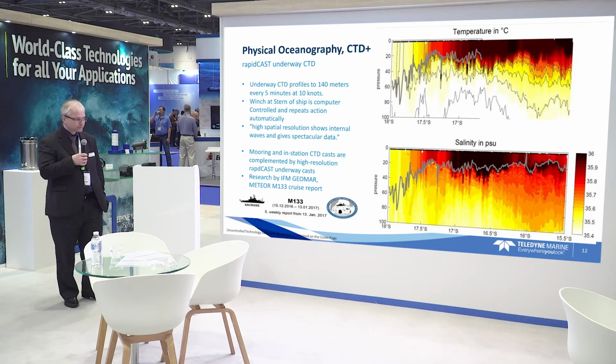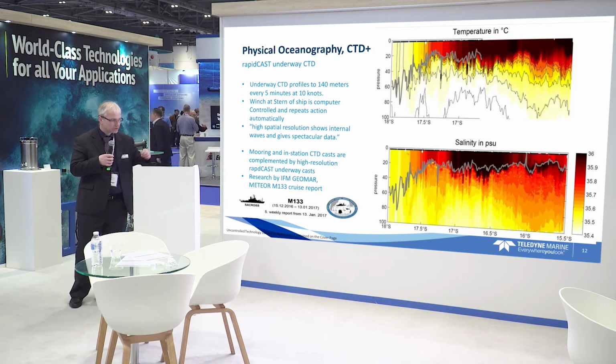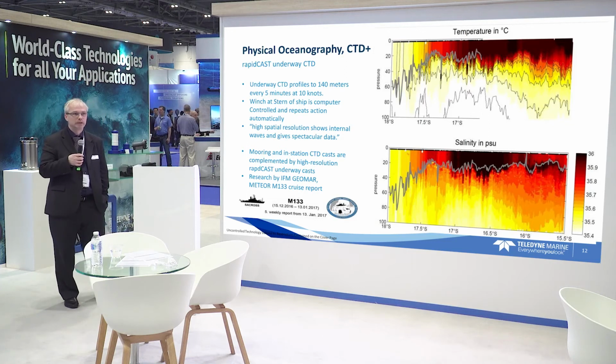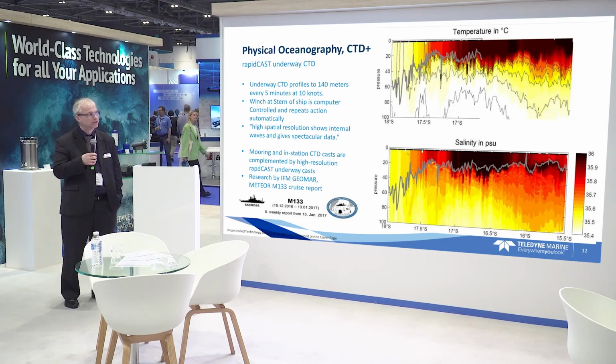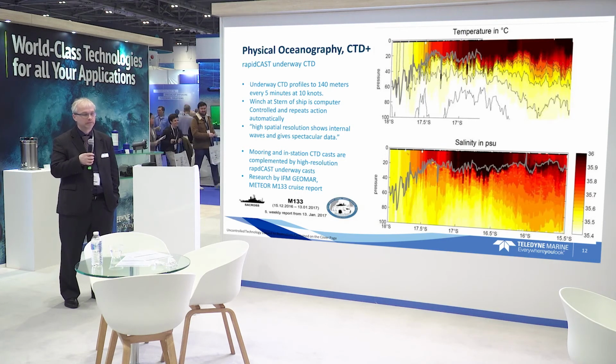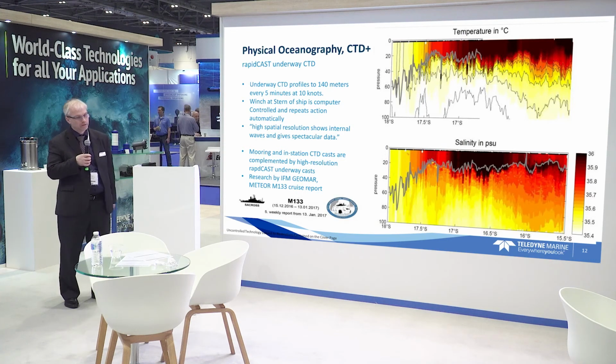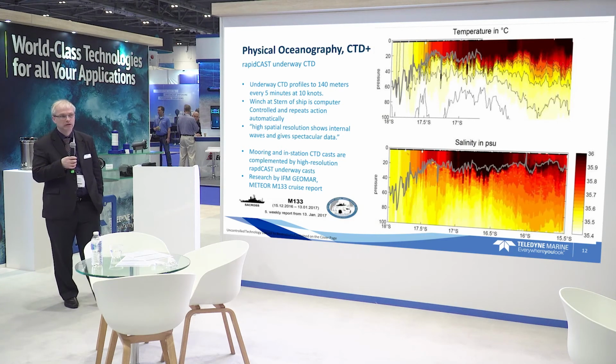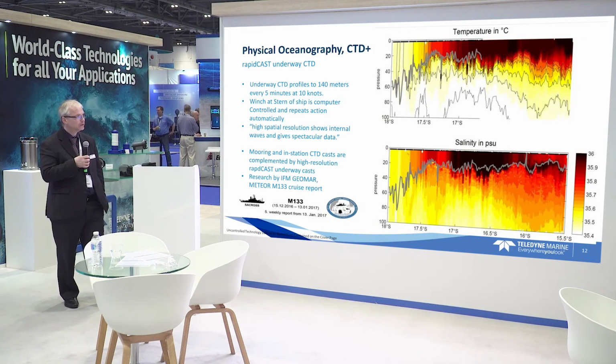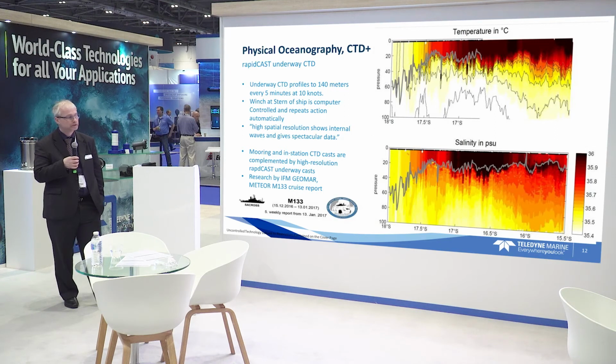At the same time, it was also possible not only to fill the gaps, but also to provide far higher spatial resolution while doing the profiling. In this case, the Meteor was running at 10 knots, providing profile depths of up to 140 meters.